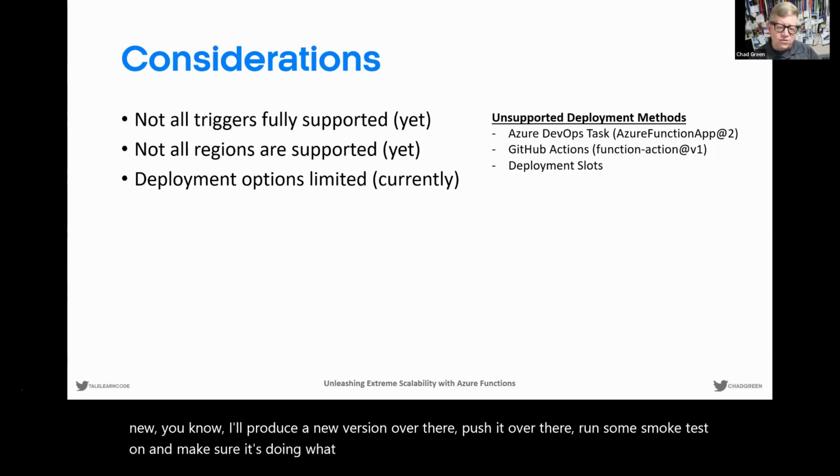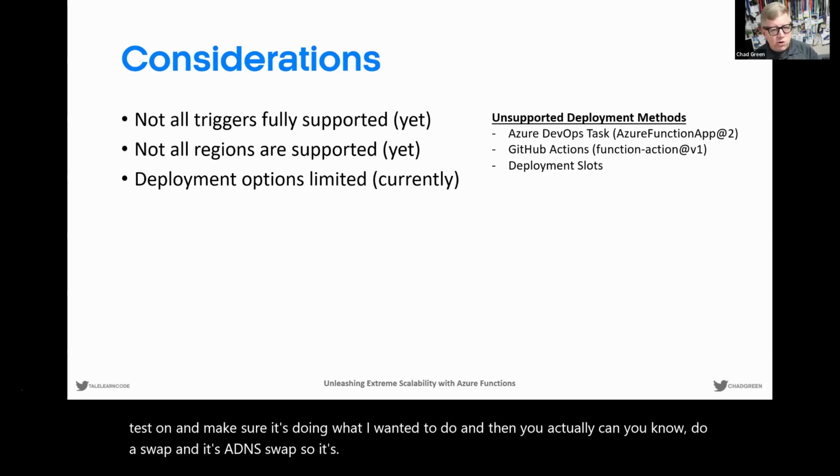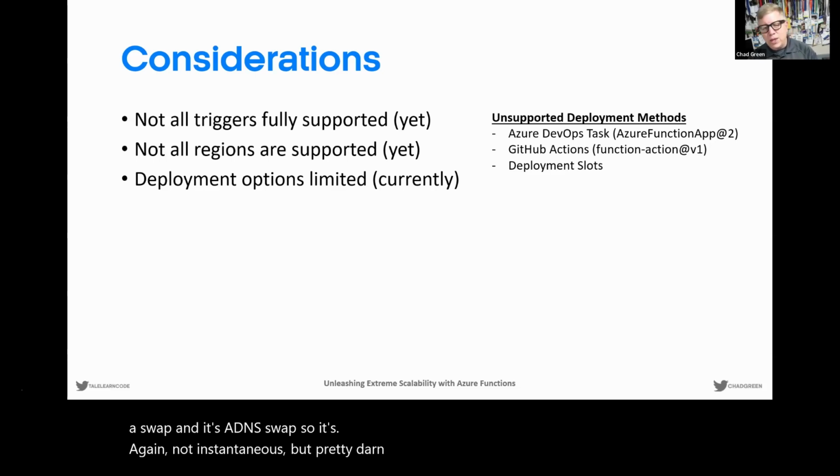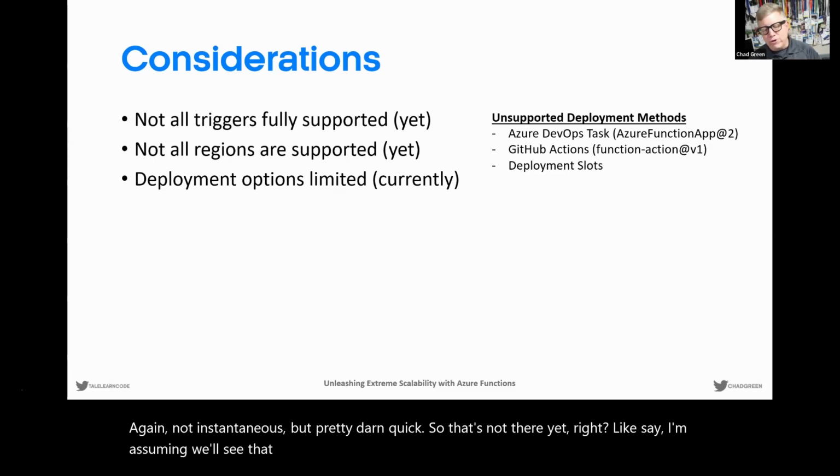Then you can do a swap, and it's a DNS swap, so it's not instantaneous, but pretty darn quick. So that's not there yet, right? I'm assuming we'll see that, and I would assume by the time we go to GA. I don't have any knowledge of that, but that would be my assumption.